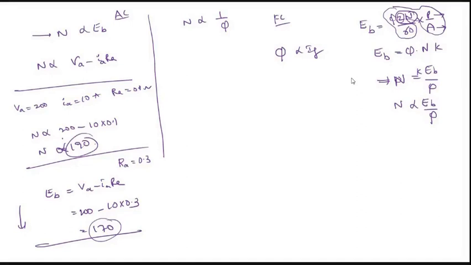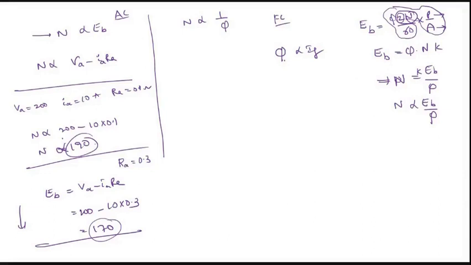Why are they keeping it in minimum position? It is to maintain the minimum speed. Remember my points. The motor field rheostat is in minimum position in order to maintain the minimum speed. If it is at maximum resistance, the motor will run at dangerous speeds. How will it run at dangerous speed? Let me show you the proof.